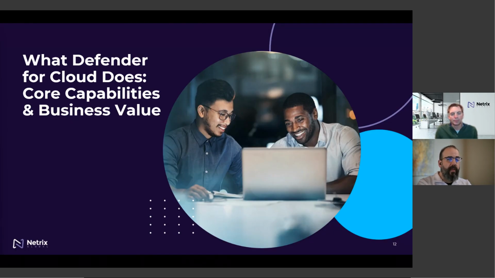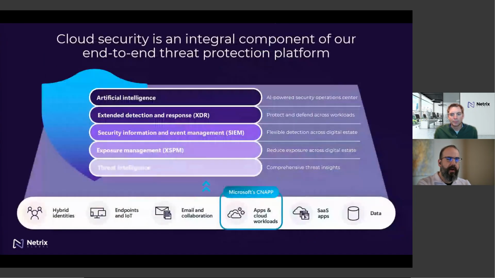Defender for Cloud is rather large, so we're going to narrow it down to a couple of topics. But I think one of the key things to know about Defender for Cloud is how it integrates into that XDR scenario. As Chris was saying, if you're familiar with Defender already, if you're an E5, if you're using the stack already, you know how it brings things together. It brings all that telemetry together, all the alerts together, correlates between them.